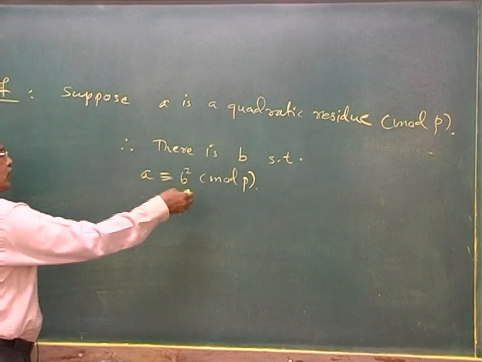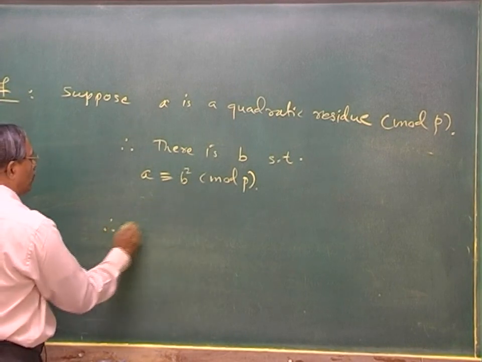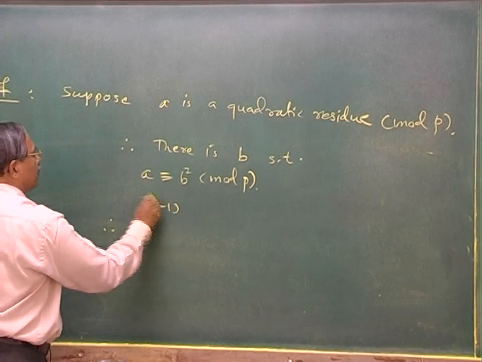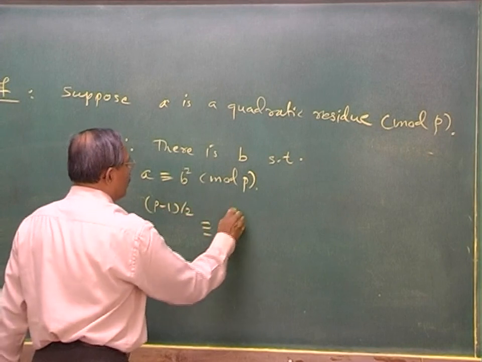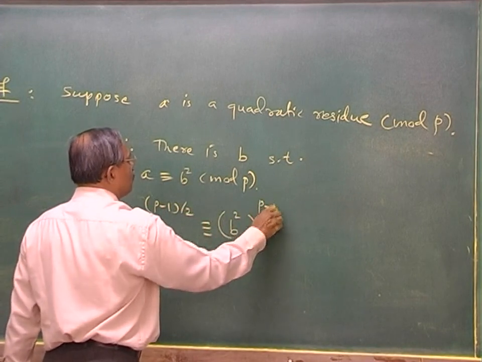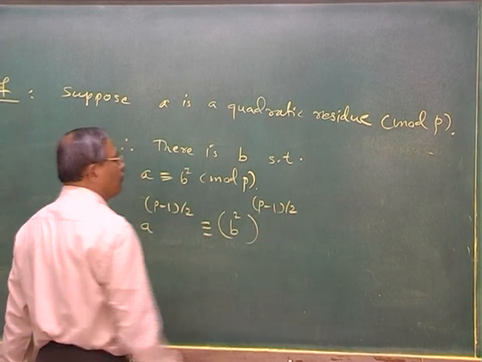Now raise both sides to the (P minus 1)/2 power. A raised to (P minus 1)/2 is congruent to G square raised to (P minus 1)/2.